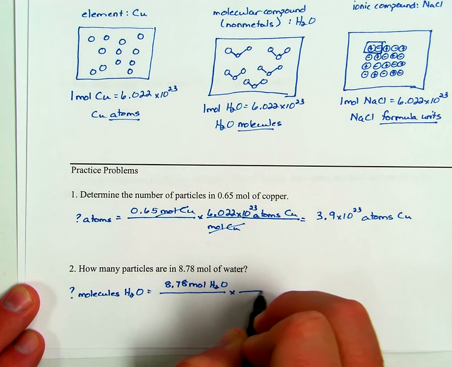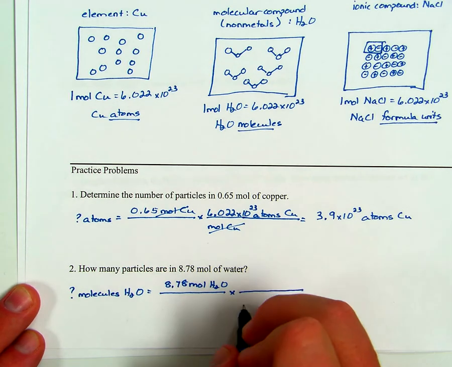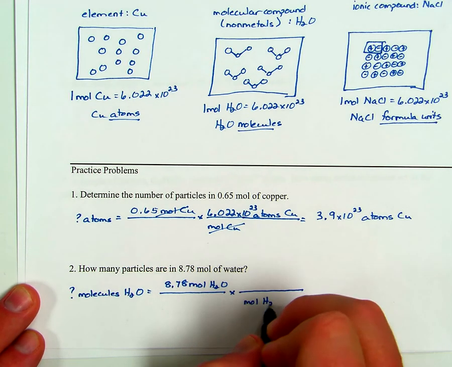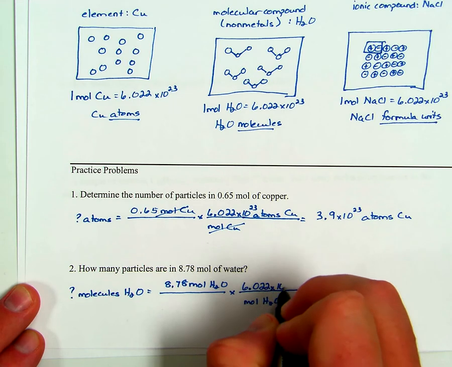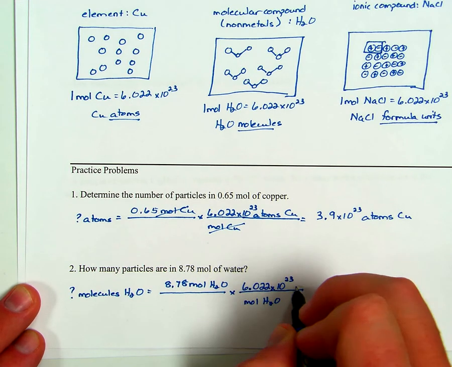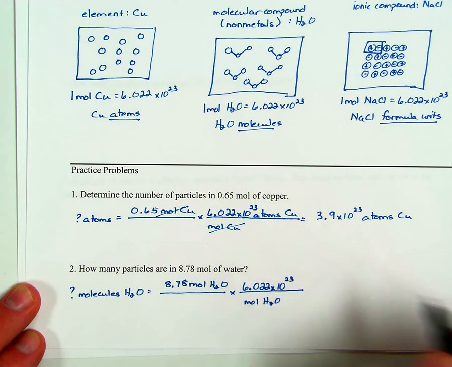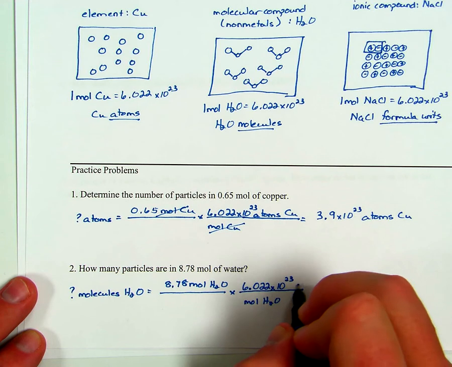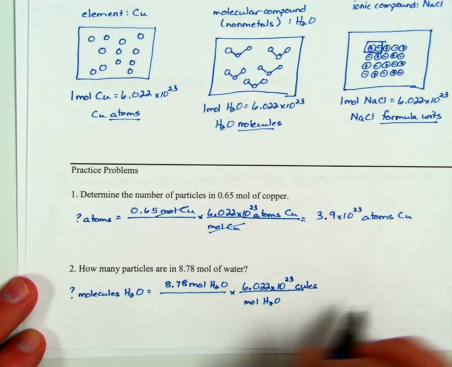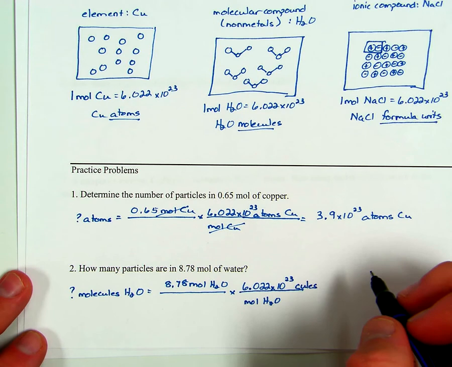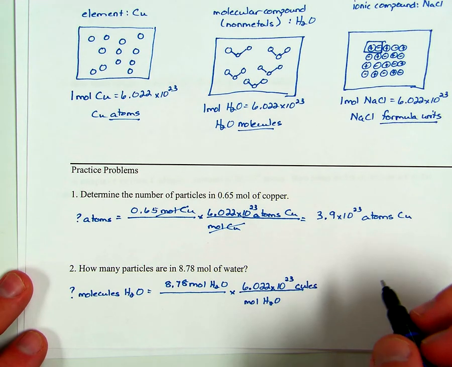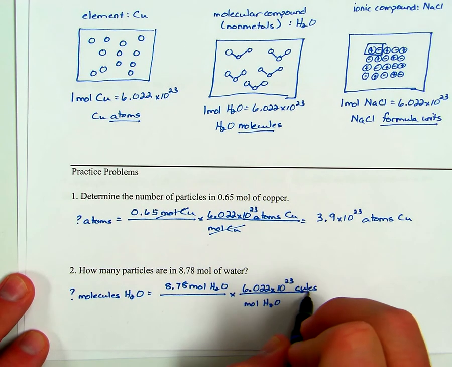I know that 1 mole of water would be equal to Avogadro's number, 6.022 times 10 to the 23rd, and this time I'm going to label it molecules. If you're looking for an abbreviation for molecules, I would use just cules. I wouldn't use mol or mole because that would mean mole, so I would not use those because then you're going to get yourself confused.